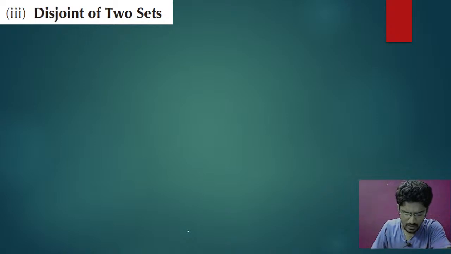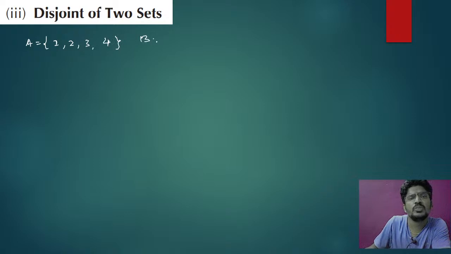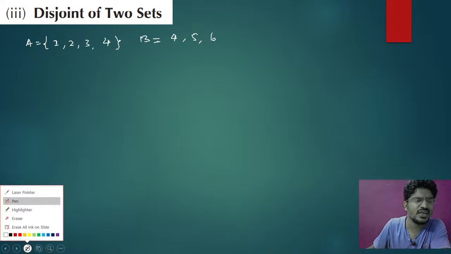No problem. Okay, let us go for next, disjoint of two sets. See my dear students, disjoint means no common elements. That means suppose A has {1, 2, 3, 4} and B has {5, 6, 7, 8}.